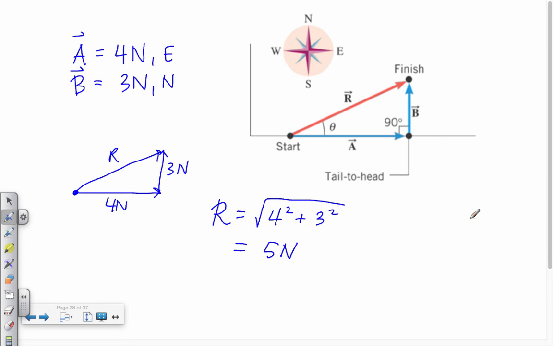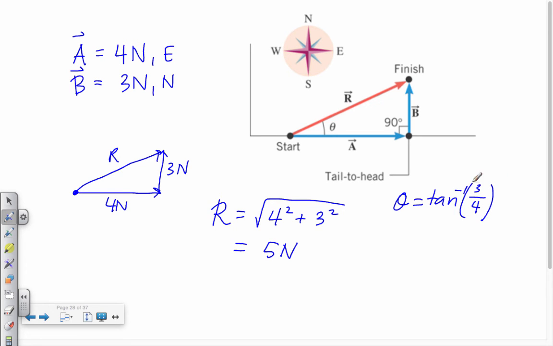And the way I find it is with my trig functions. Okay? So remember that angle theta is going to be the inverse tangent of the opposite, B, divided by the adjacent, 4.